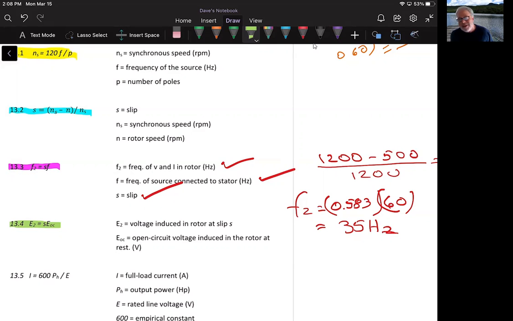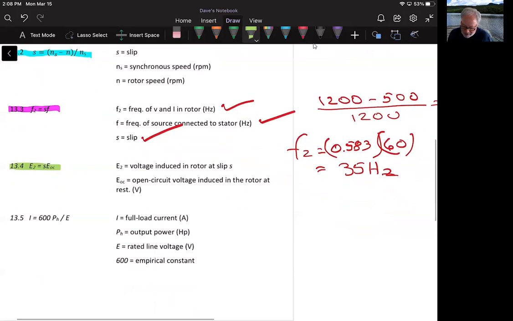Now that's a little particular detail, but it's just a little extra detail given to us to determine what the voltage is in the rotor at a particular slip. And sometimes we might need to know that.